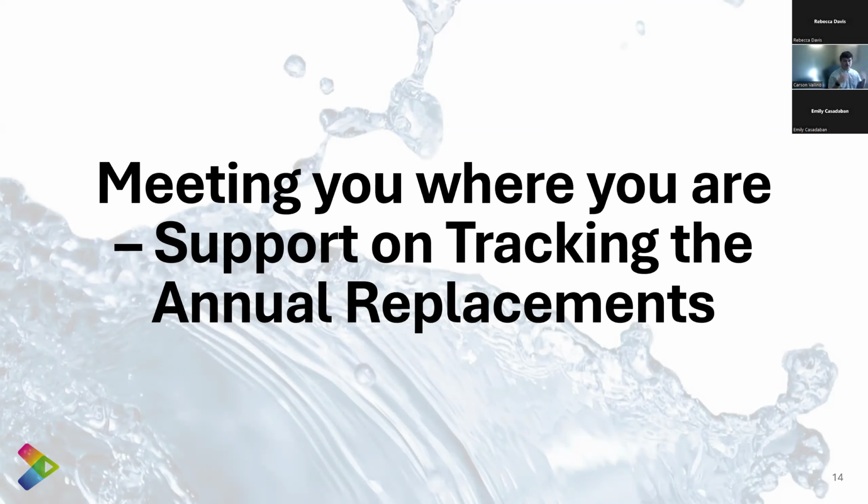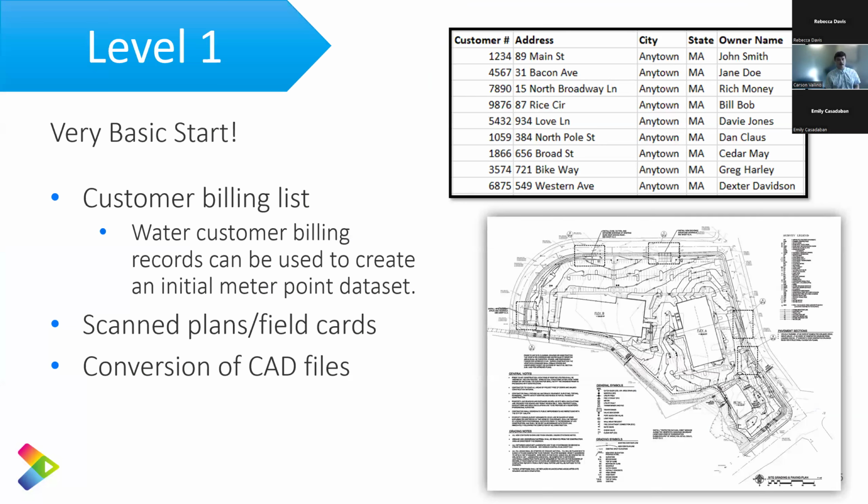There's a bunch of different levels that we have outlined to meet your needs. So maybe you haven't even done that 2024 Lead and Copper Rule Revisions, the LCRR inventory. Maybe you don't have any type of GIS formatted data. That's something that we can assist with. We can take customer billing lists to create an initial point of water customers from meters.